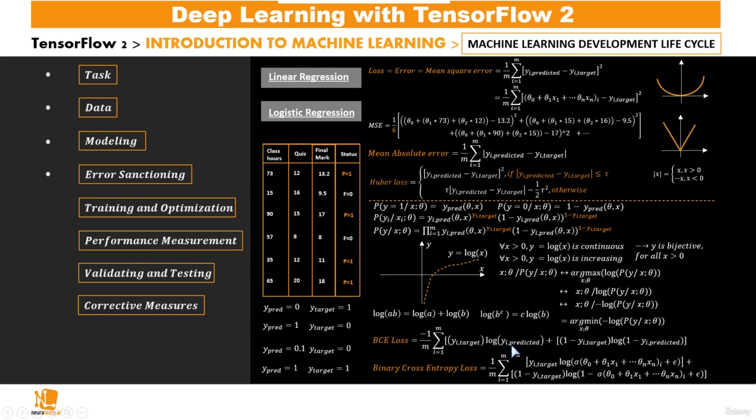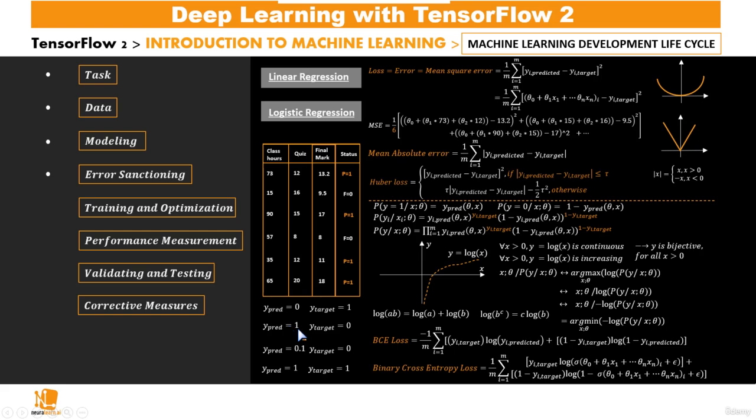So log of 0 we could say is negative infinity, and with the negative sign here, it gives us positive infinity. So once our target is 1 and our predicted value is 0, our loss turns to positive infinity. This tells us how good this loss is, because it sanctions our model whenever the target is 1 and the predicted is 0.